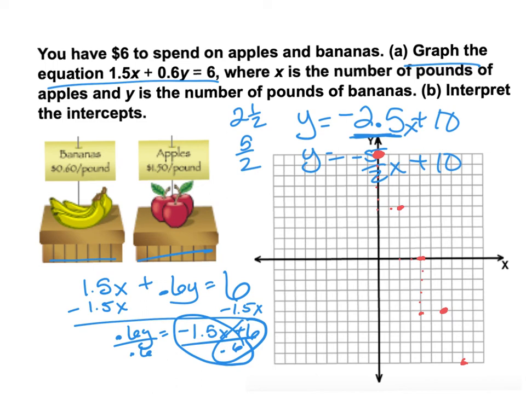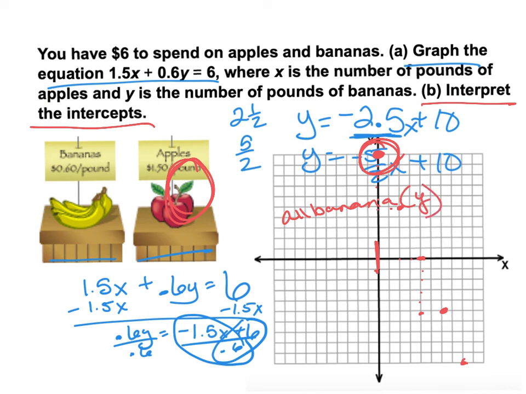Now, the reason we did this is because it's asking us to interpret the intercepts. What does this intercept mean? It's on the y-axis, so that means x is 0. So that means we are getting 0 apples. So our y-intercept means all bananas.